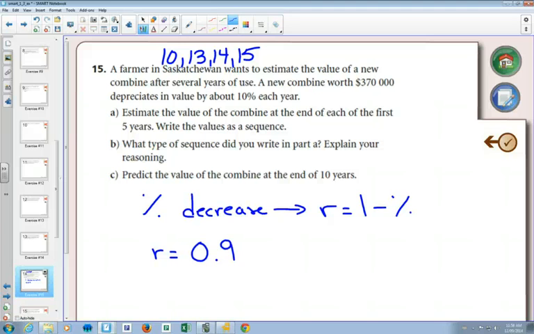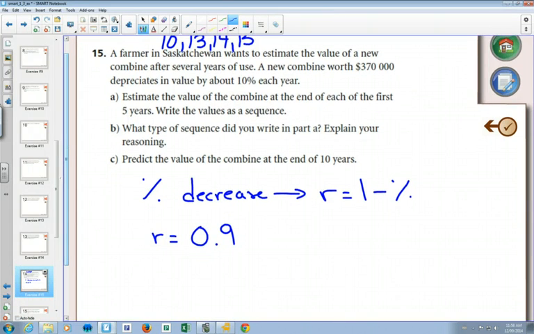Estimate the value of the combine at the end of each of the first 5 years. Now, do we want term 1 to be the 370,000? Okay. 370,000 is term 1.